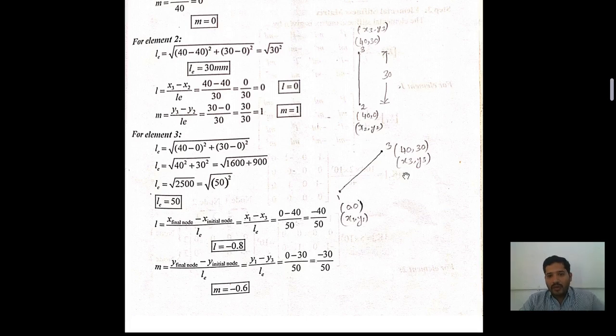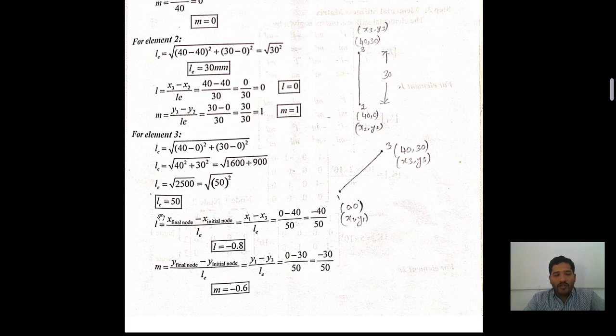Minus x1 is 0 whole square, plus y3 is 30 minus y1 is 0 whole square. So 40 square plus 30 square. 40 square is 1600, 30 square is 900. Is it right? If you add this you will get 2500. So the root of 2500 is 50. Then the square and root cancel, and you get the answer 50 mm. Clear? So LE value we are getting is 50.